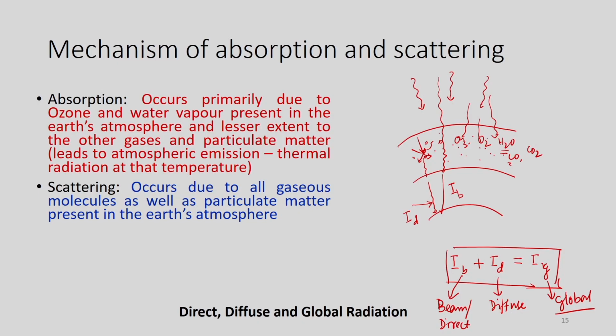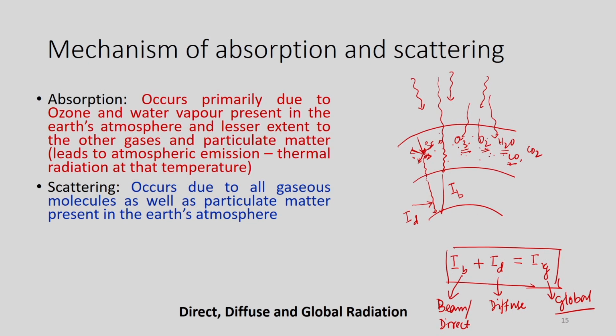So, they are absorbed here, like UV is absorbed in the ozone layer, and then oxygen is also absorbed at different wavelengths, and then water vapor, H2O. Some of the radiation strikes the aerosols, its direction changes, it is radiated in all directions, and some of it is received on the earth surface.